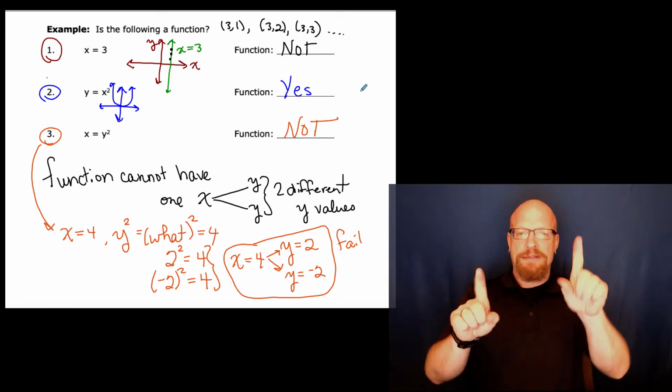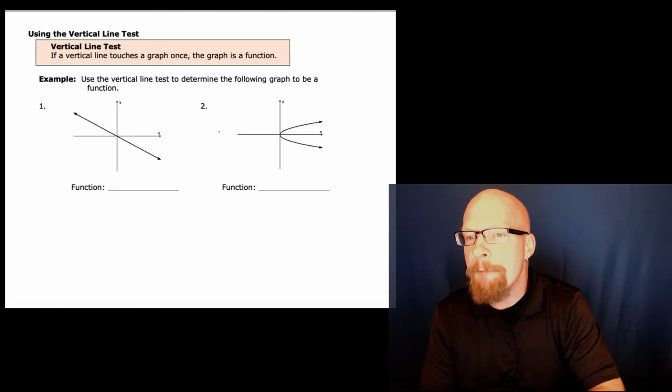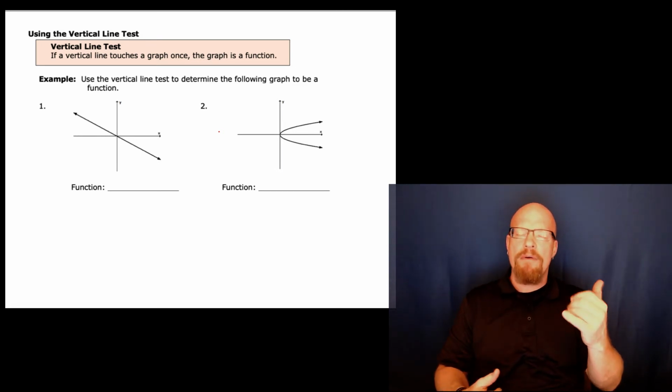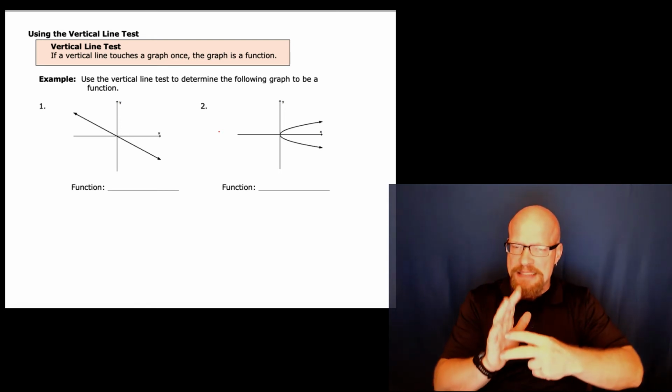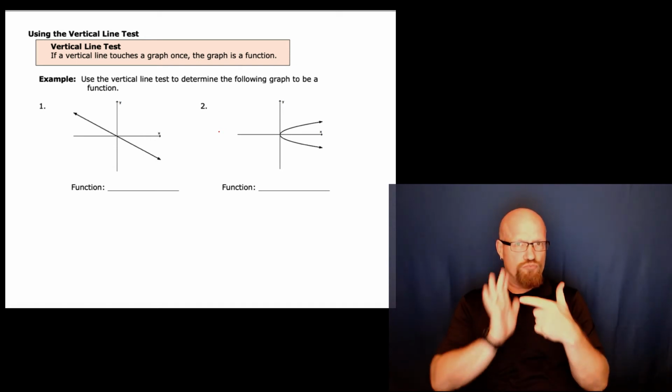Now we have another test, our next set of examples. Here. This is the vertical line test. What does that even mean? As we look at our graph, I'm going to make a straight line here to show you what happens.